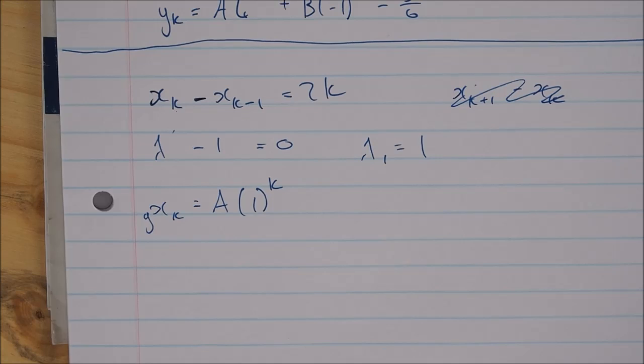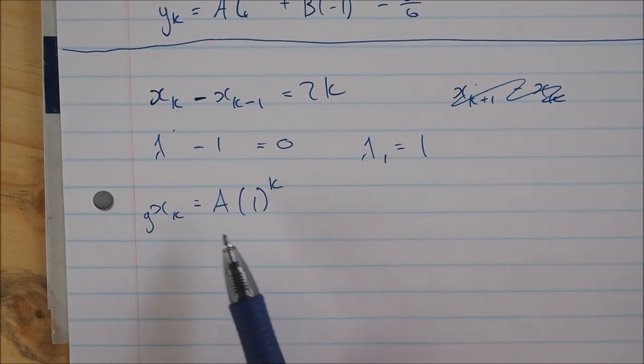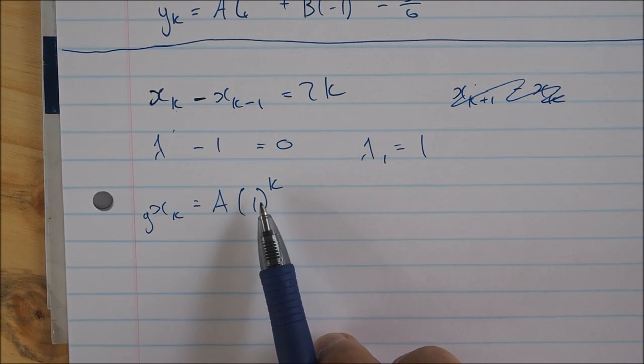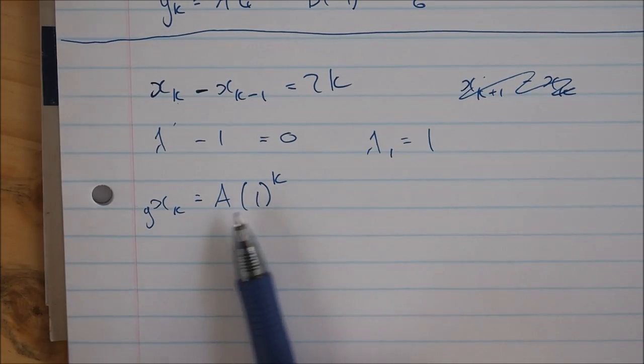And for our particular solution, 1 to the power of k is a constant, so the general solution is just a constant.